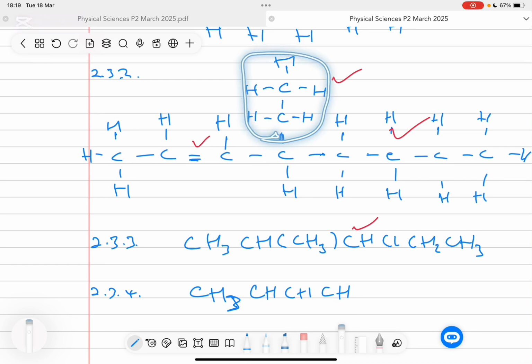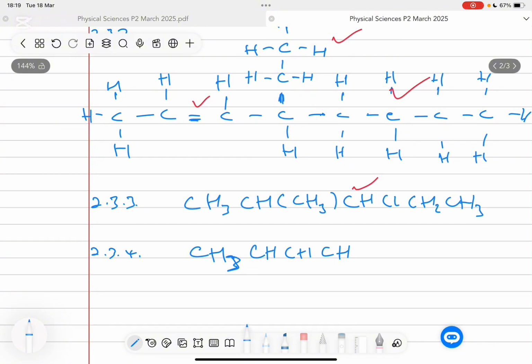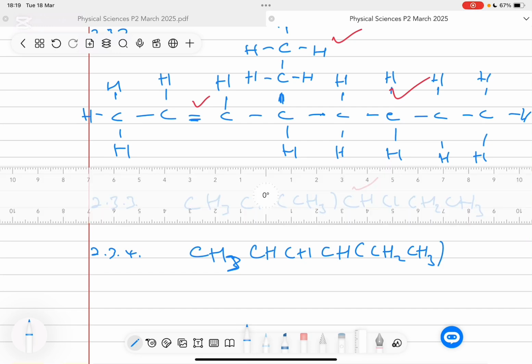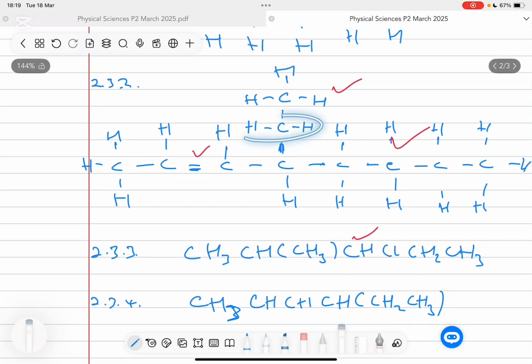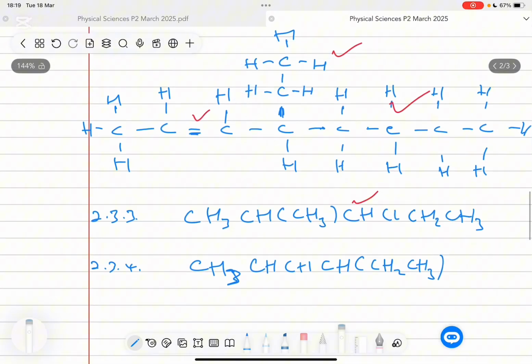It's like a branch attached to it, an ethyl group, which we're going to represent in brackets. Do you see that we have a CH2, then we also have a CH3.